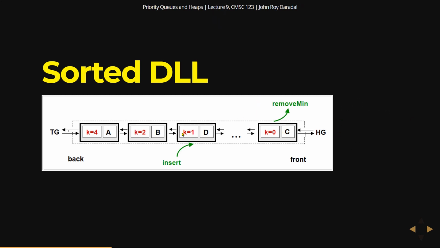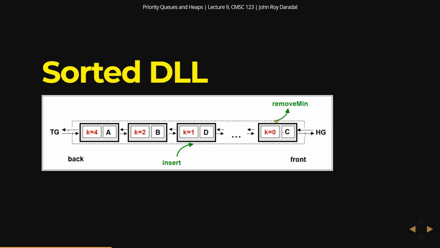Let's say that A was added first, so K4, and then B was added next. Since it has a higher priority, it's added before 4A, and then next, let's say, is C, K0. It's added all the way at the front because it has the highest priority, and then D with priority 1 is added after it because it has a lower priority than K0, right?